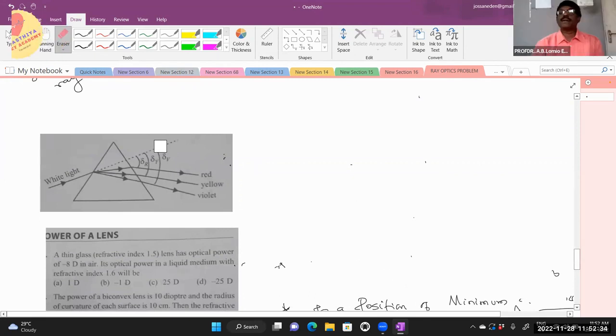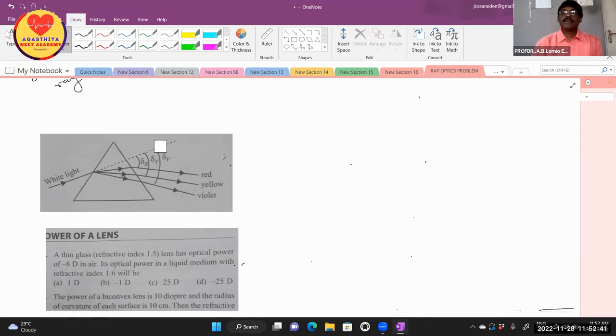Consider this next prism diagram. The diagram explains the dispersion of light.